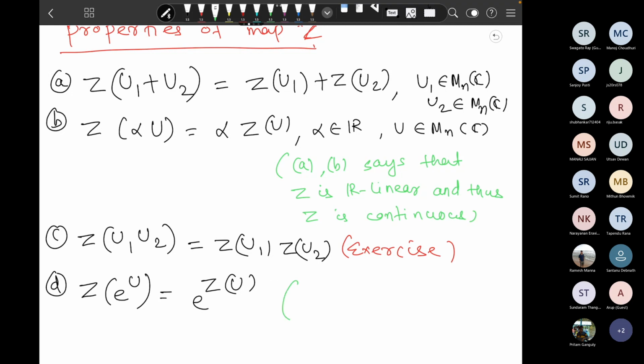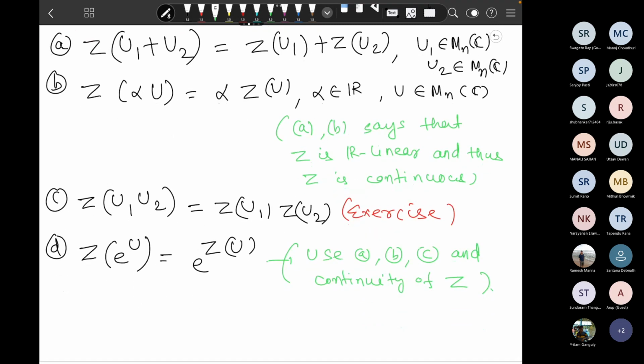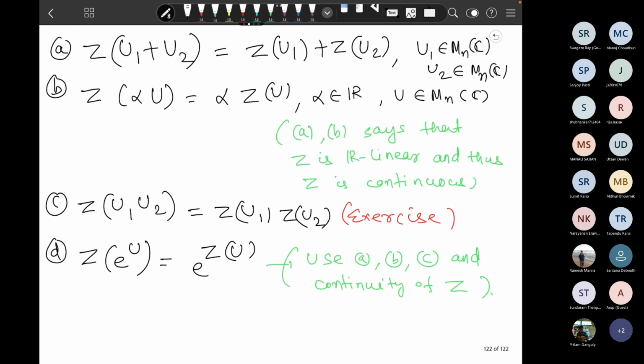For that reason, use A, B, C, and continuity of Z. This D is also clear. E: Z of U star is equal to Z U star. Take it as an exercise.